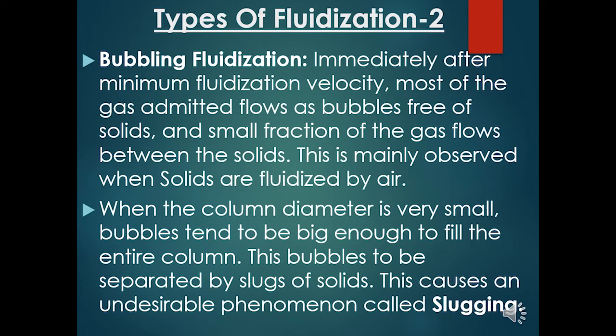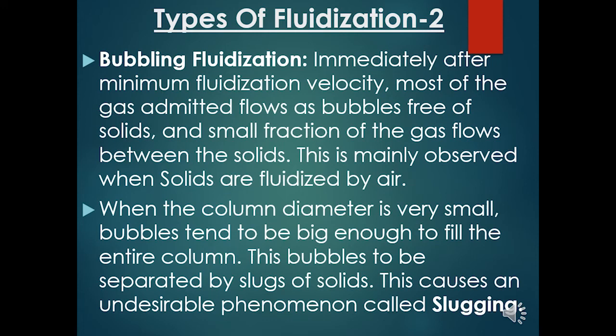These bubbles also tend to come together, aggregate into a big bubble, and there will be spaces without any solids in the packed bed. This is a highly undesirable phenomenon and is known as slugging. Slugging is basically when the solids are pushed apart by the bubbles which coalesce and form big bubbles in which there is no space for solids.